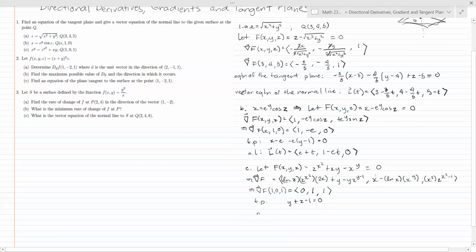And then, ang normal line natin, normal line will be L(t). So, ang point 1 plus 0t, and then 0 plus 1t, then 1 plus t. Okay. So, yun yung nakuha natin sa A, B, and C.